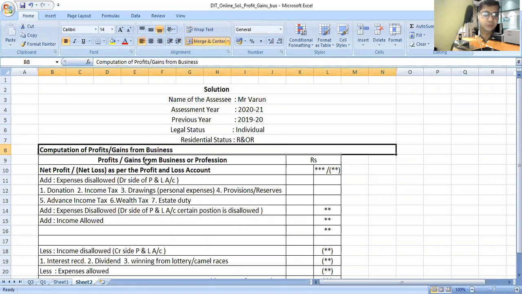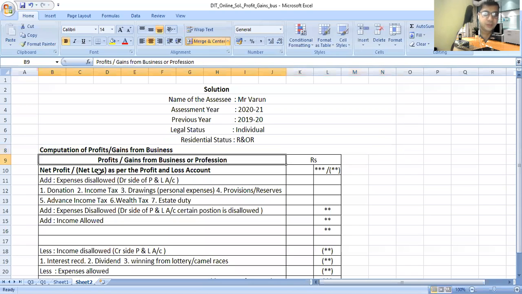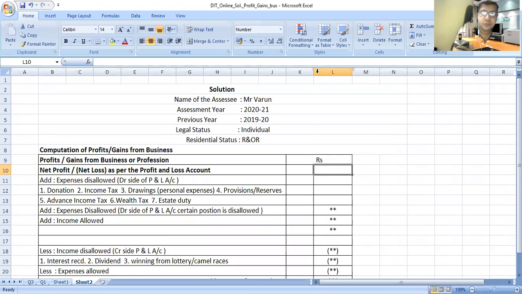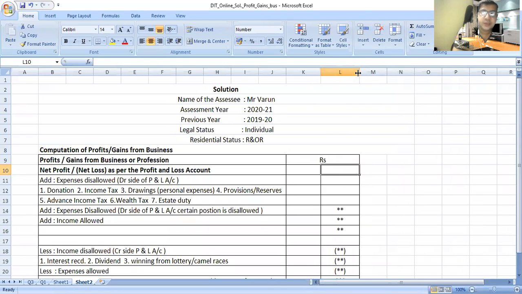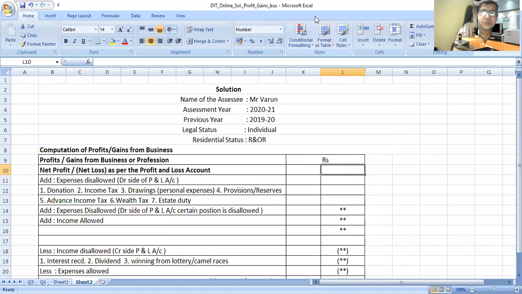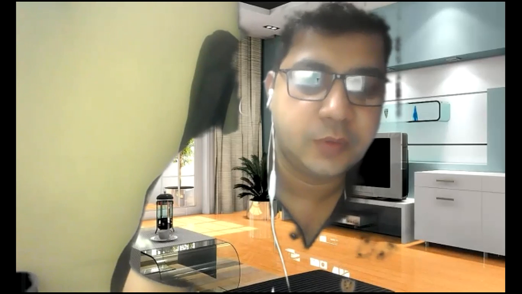Then after that, first of all, we have to write here profits or gains from business or profession. This particular head is very important. Then we have to write net profit as per the profit and loss account. Now friends, if you see in our problem, how much is the profit?